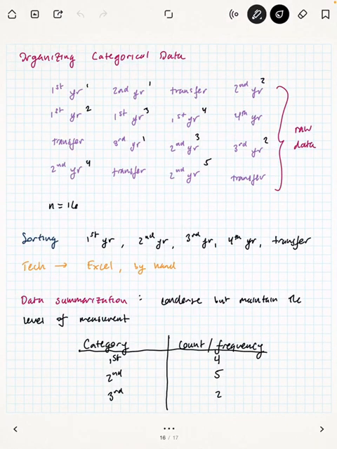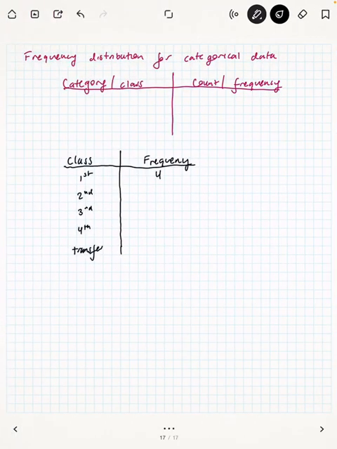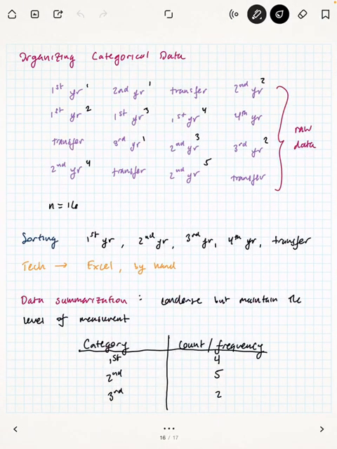And we already said we found 4 first years, 5 second years, and 2 third years. 4, 5, 2. And if we go back and count how many fourth years and how many transfers, I count 1 fourth year and 1, 2, 3, 4 transfers.